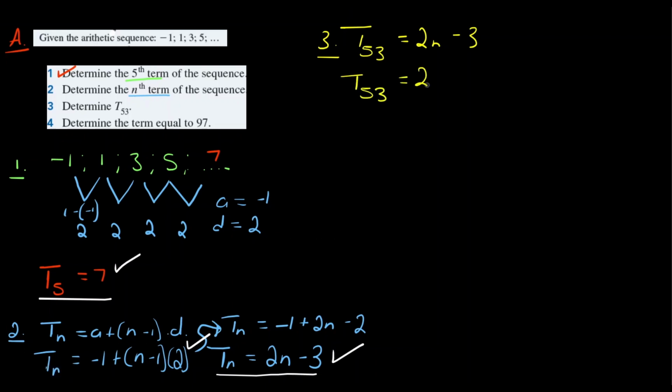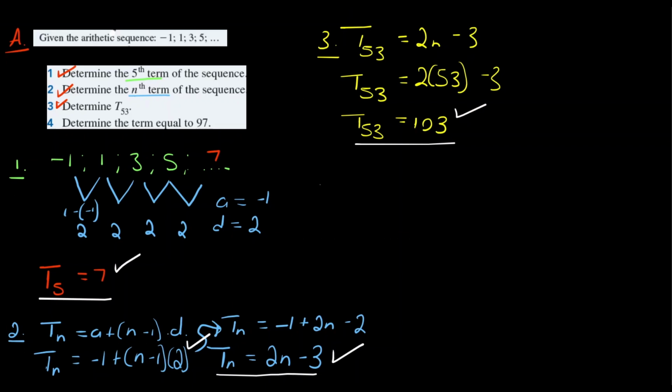We're going to substitute 53 where there's n, and we're going to calculate what T53 is. If we calculate 2 times 53 minus 3, you get 103. And we would have answered question number 3, and we've done question number 2. So that's the answer for question number 3. And we move on to question number 4.